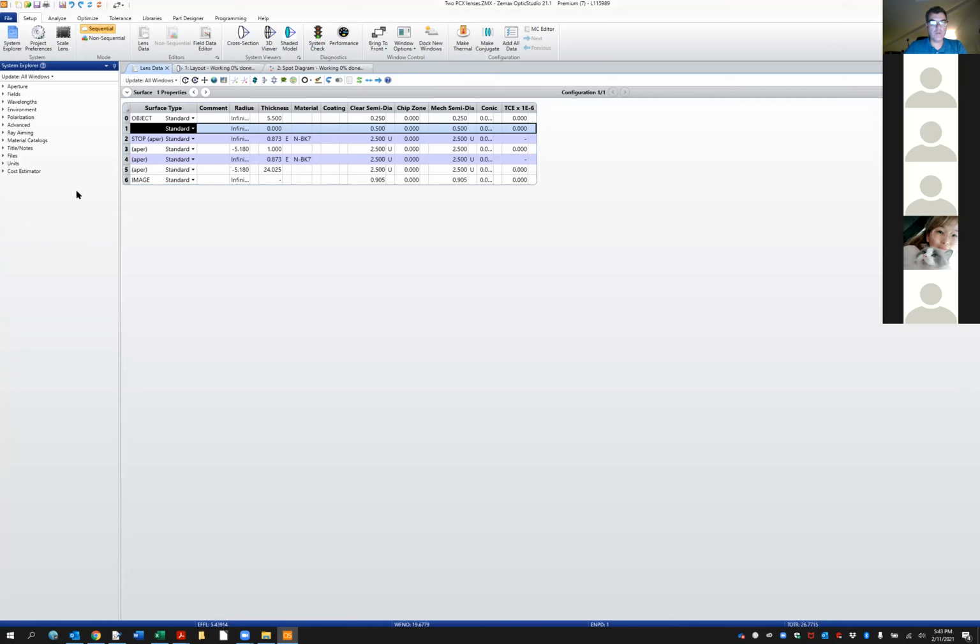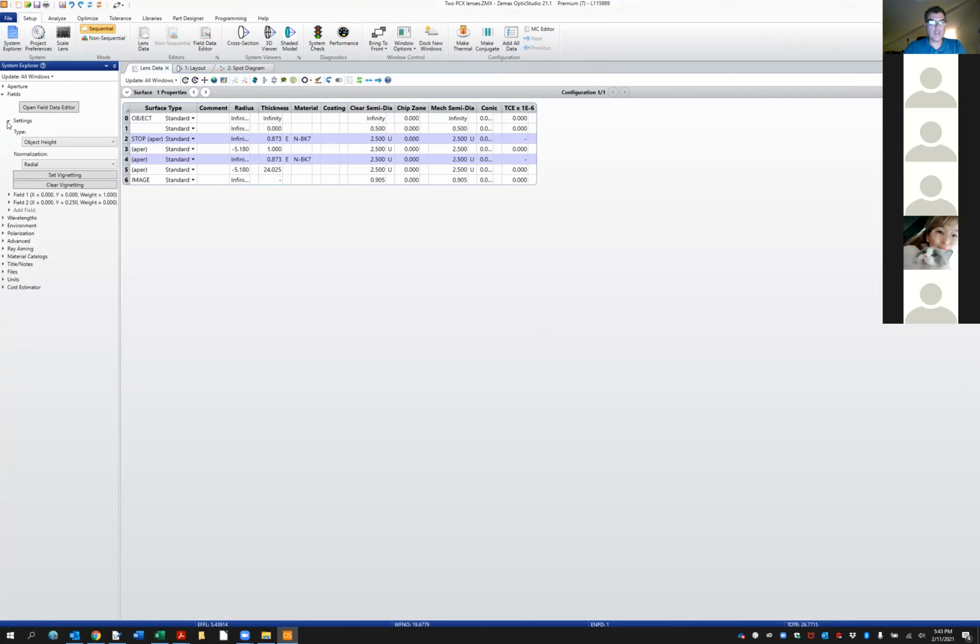So what I always do is for our object at infinity, it doesn't like something with the object height. If it puts something at a finite distance off axis, infinitely far away, that doesn't really make much sense.